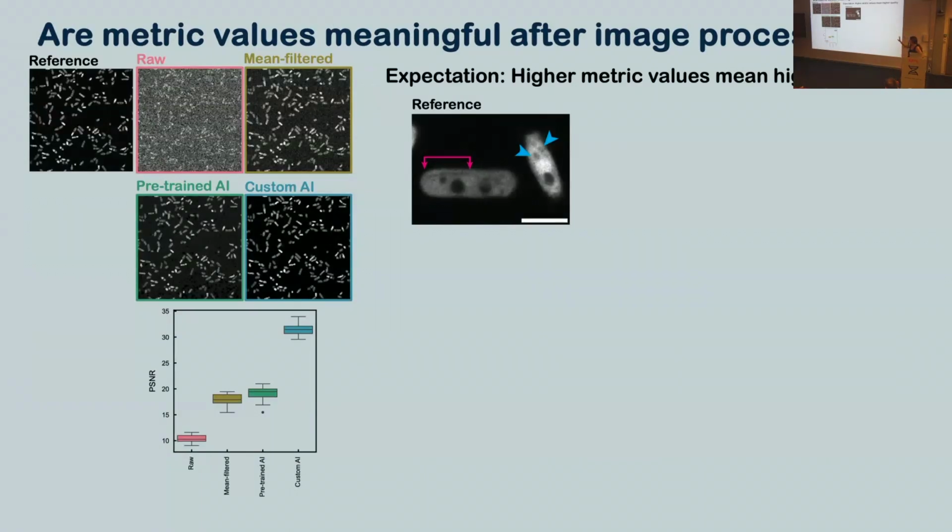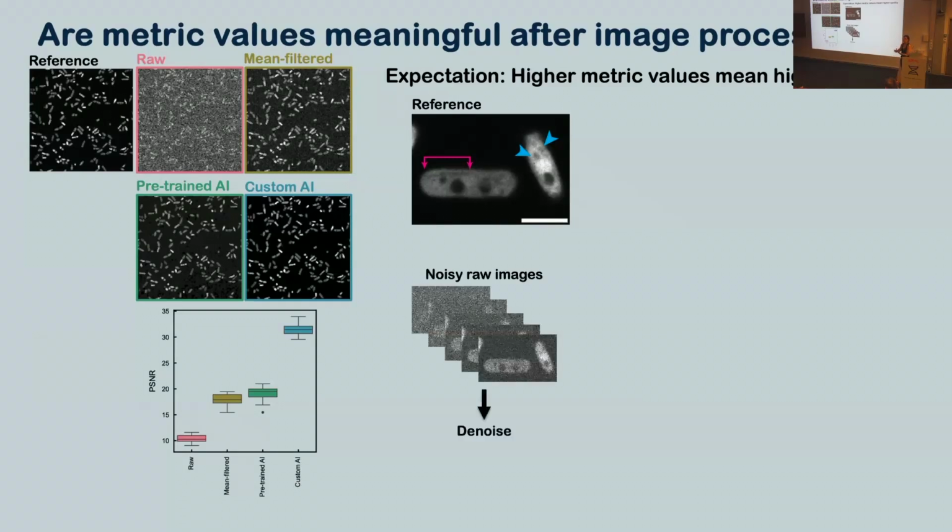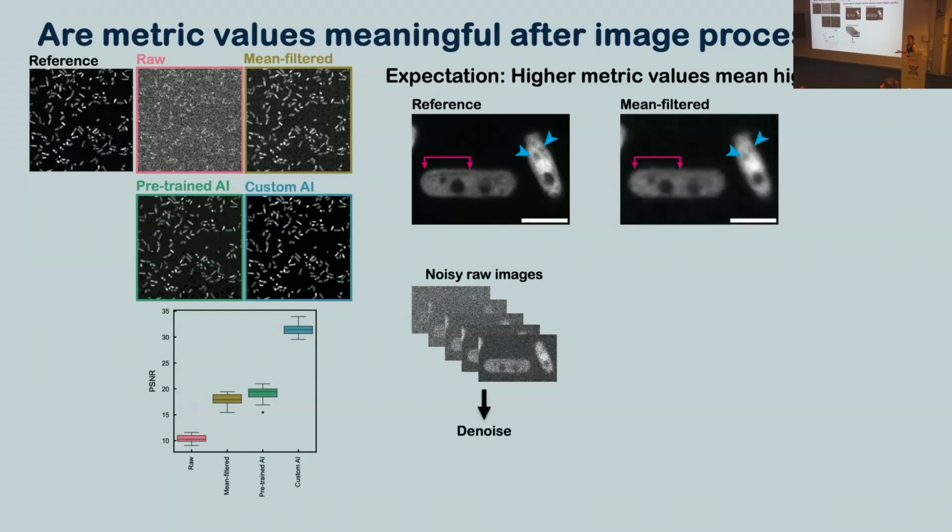So for this experiment, for the same images, I've acquired a series of raw, noisy images and then denoised them. And what we're going to do is see how well the denoised data performs. Just mean filtering one of these noisy images will give you this. It kind of does okay, but you lose some of the fine structure. For example, the tubular bit between those two pink arrows, that's gone.